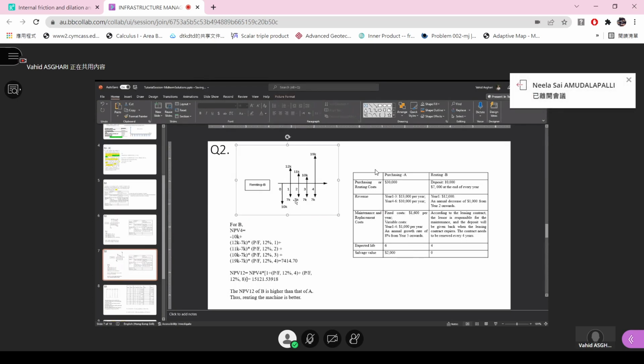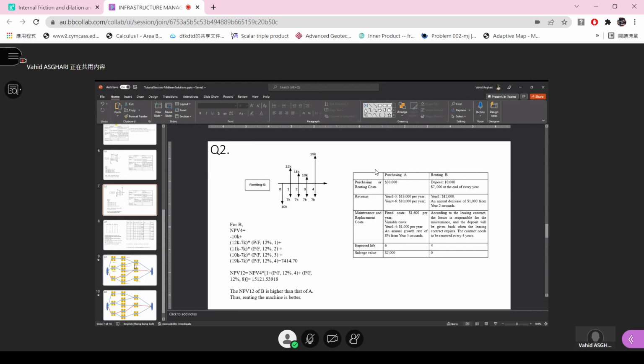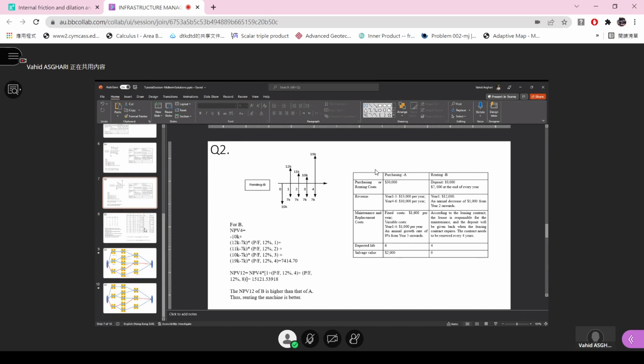But if you exactly repeat this cash flow 3 more times, yes, that is okay. So that should be fine. No worries on that. Also, I should say that I'm not gonna deduct so many points if you have done some minor mistakes in your calculations. The whole idea is more important than the small calculations.